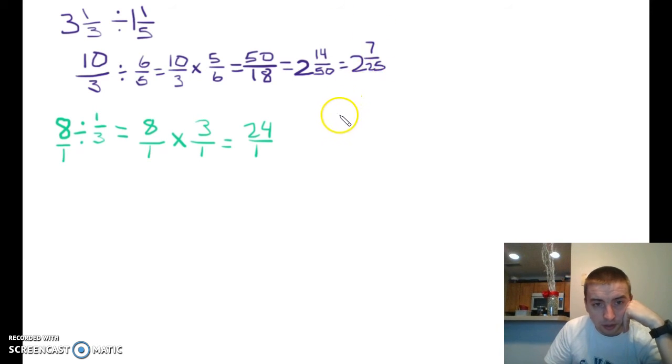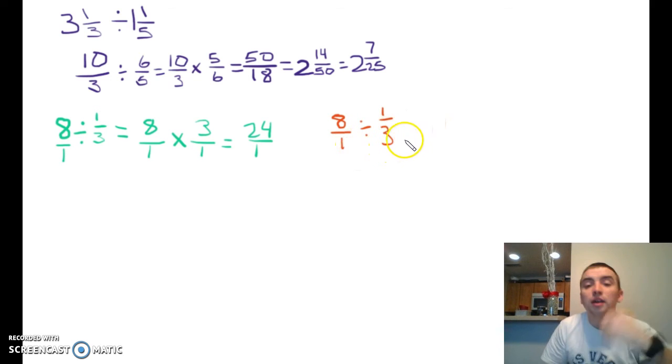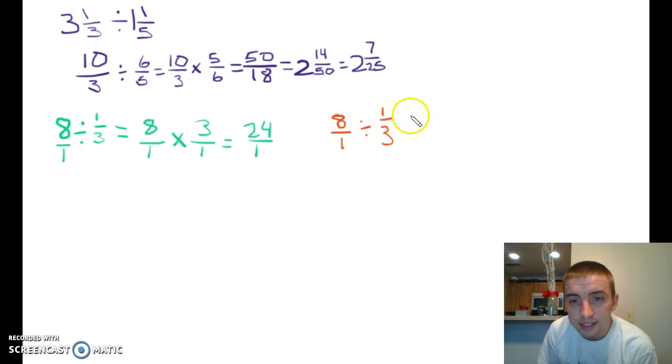Okay. Same thing if I do that with finding a common denominator, I still have 8 over 1 divided by 1/3. Well, my denominator is going to change to 3, because for 1 and 3, the least common multiple is 3.